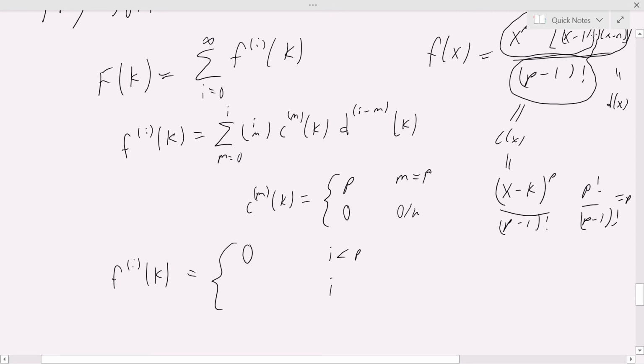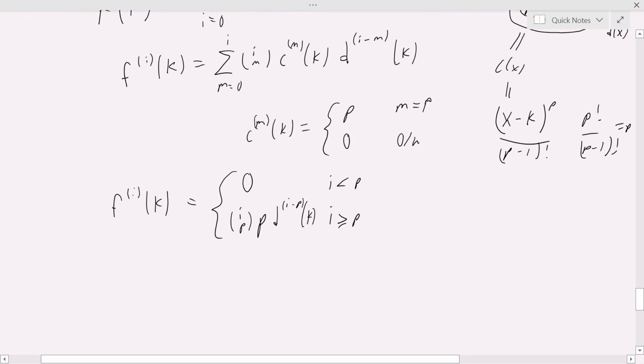And on the other hand, if the index i is greater than p, then in that case, you're going to have exactly one term which is non-zero, and that term is going to be i choose p times the pth derivative of the c function evaluated at k, which is p, as we said above, and then times the d function differentiated i minus p times evaluated at k.